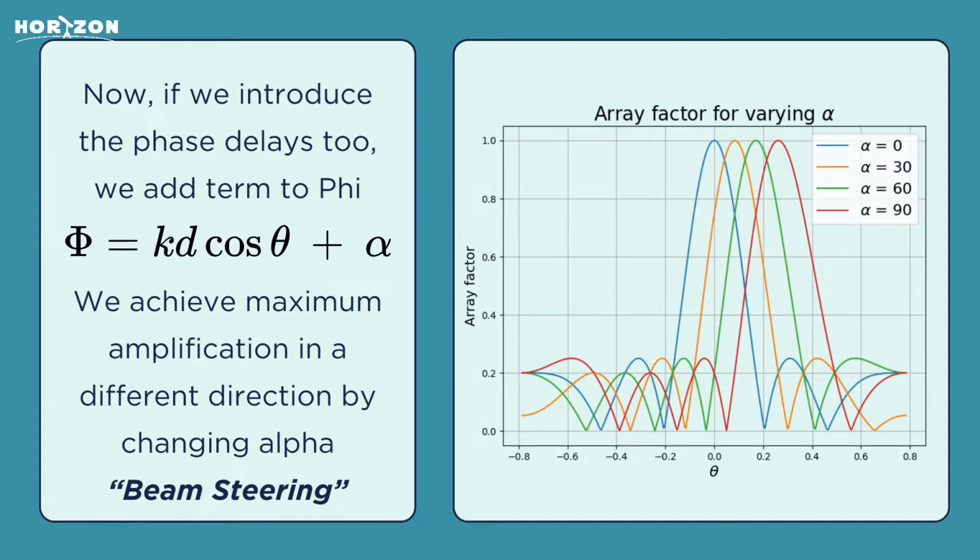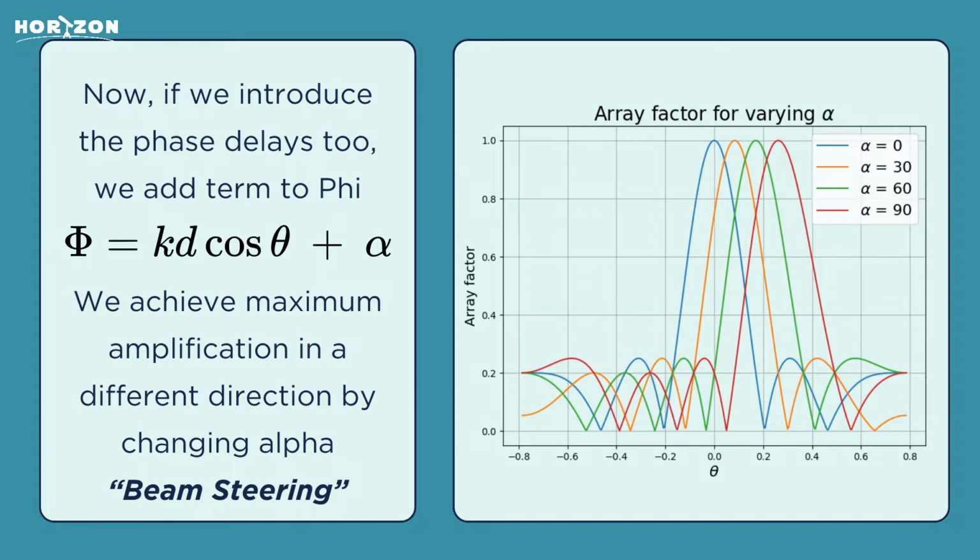If I devise a method in which I can put alpha degrees of phase delay in the first, 2 alpha in the second, 3 alpha in the third, and so on, then my net capital phi term will look like this: kd cos theta plus an additional alpha term which I can control myself.